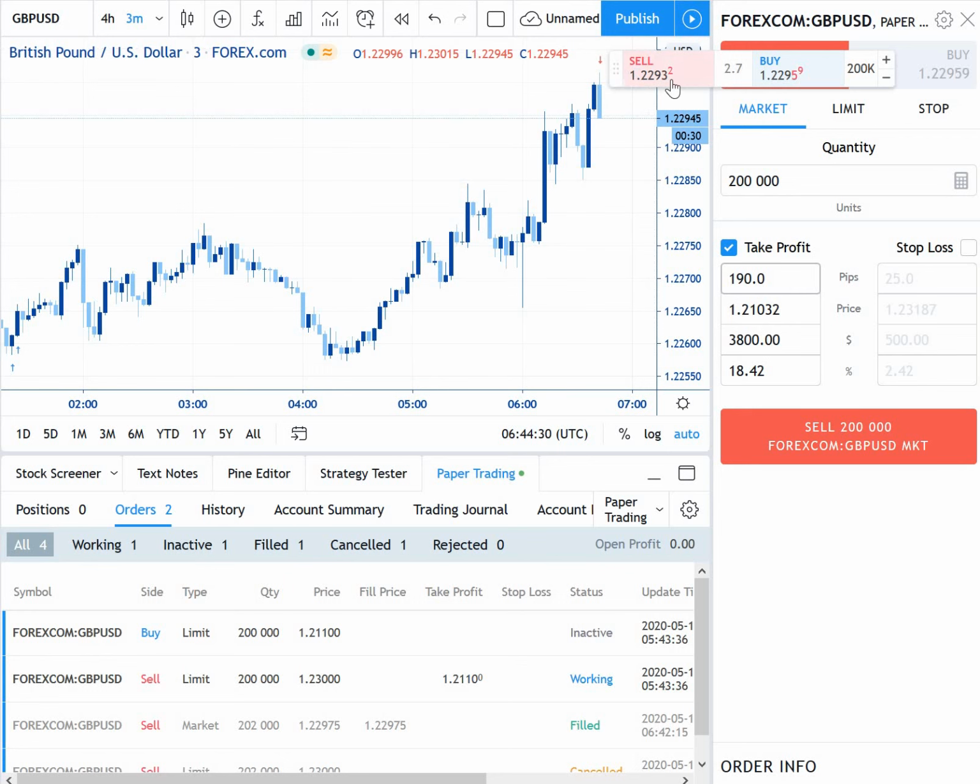This number has to reach 123 for us to get filled. As you can see, the spread is pretty wide.